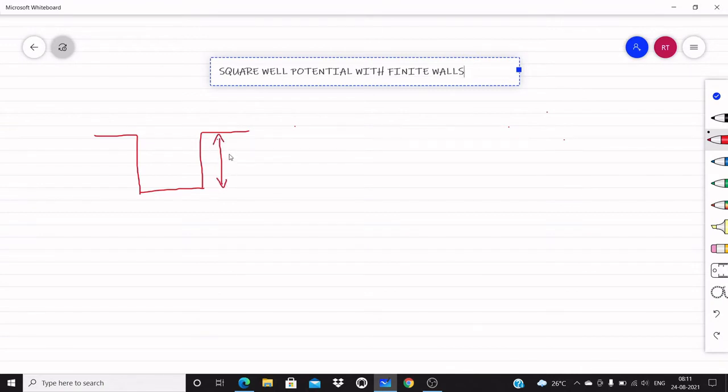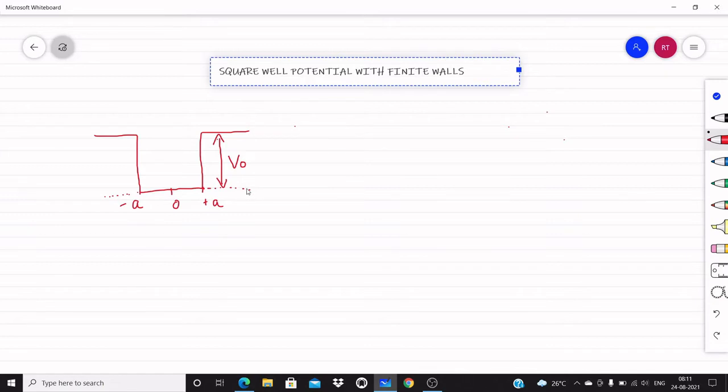This is the height, I'll take it as V0, and the dimension is one dimension we are considering. This is from -a to 0 to plus a. This is towards minus infinity, and here we have plus infinity.